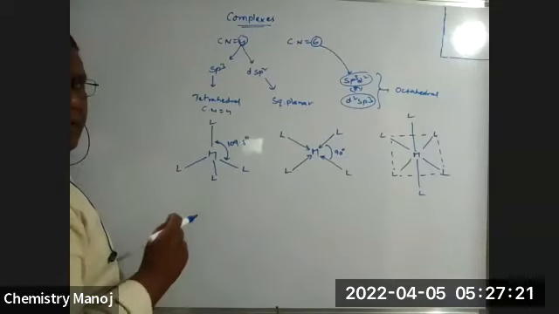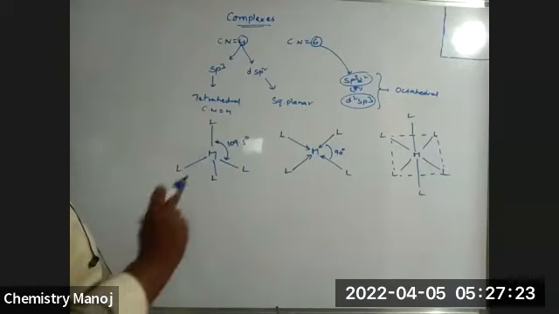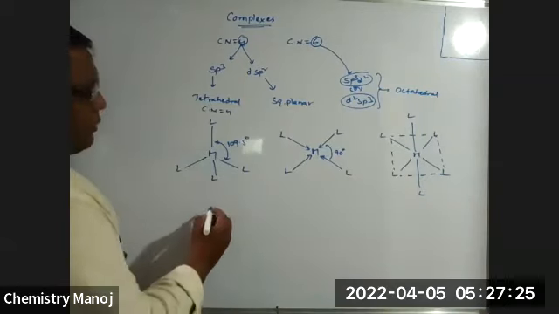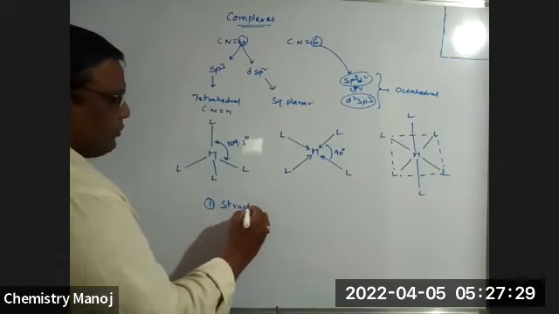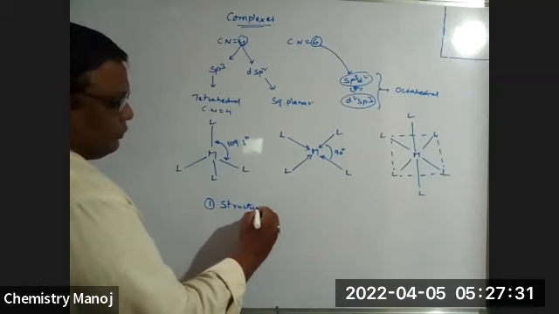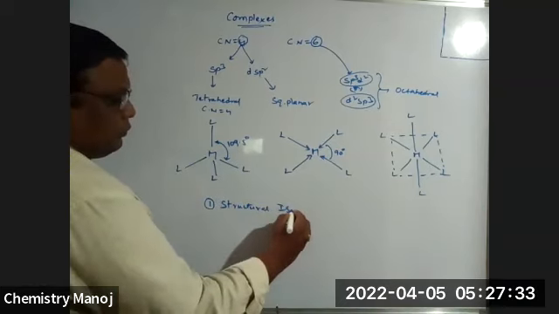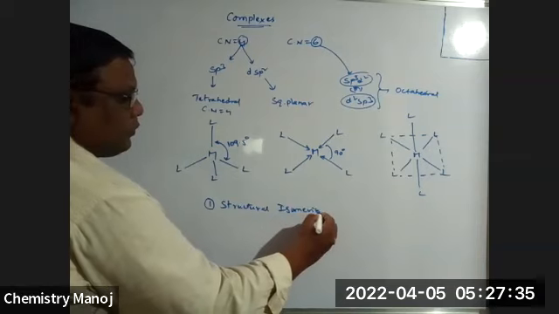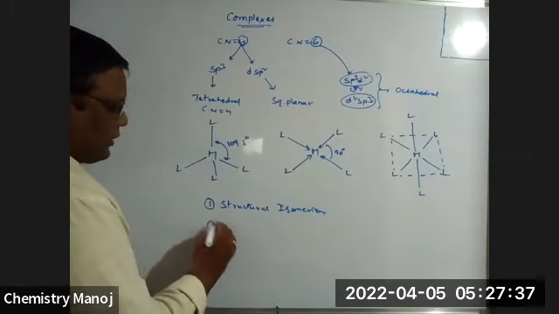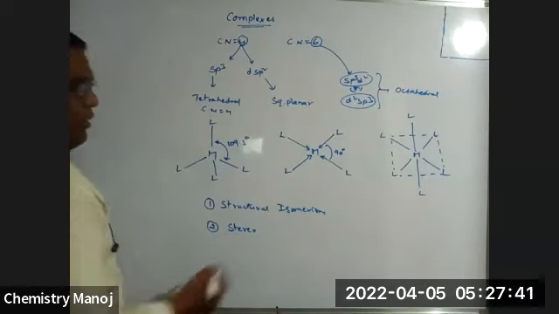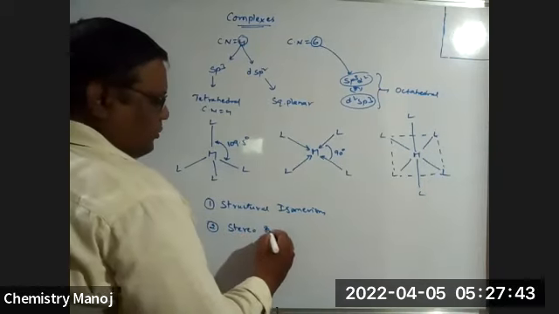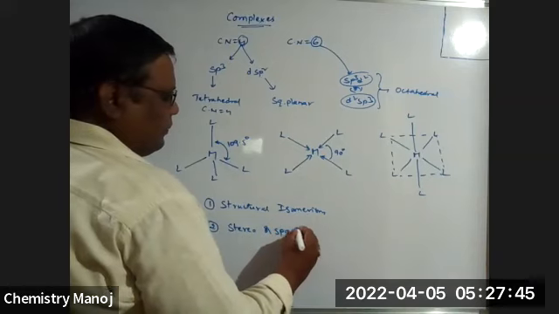In these complexes, two types of isomerism are possible. One is structural isomerism, and the second is stereo or spatial isomerism, just like in your organic chemistry.